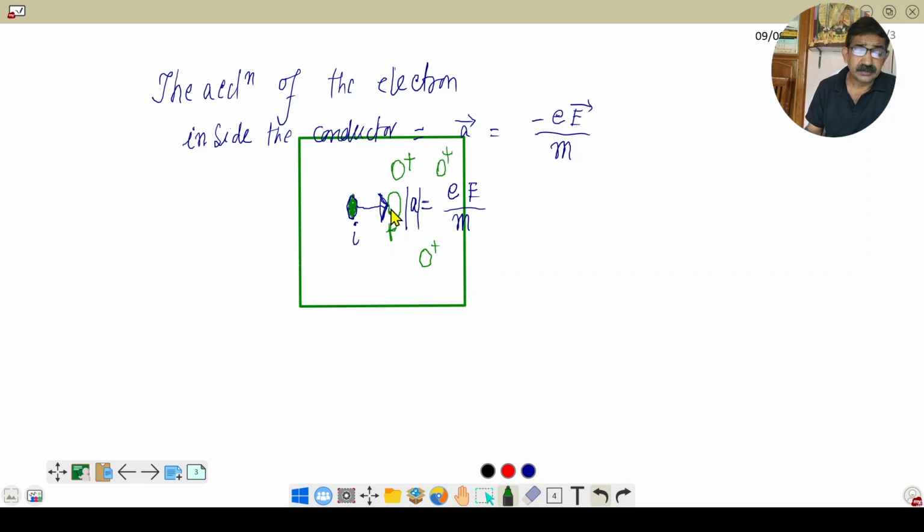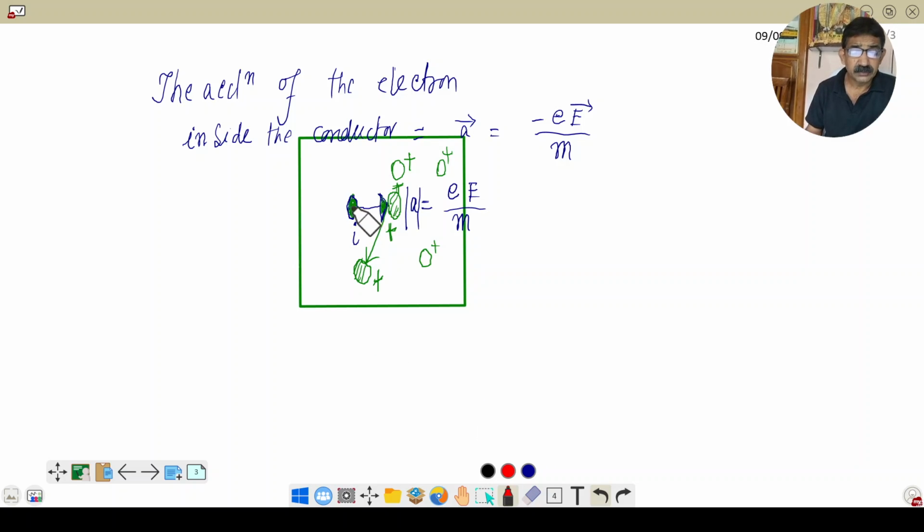After successive collisions, due to a collision with an ion, it will change its direction of motion, suppose along this direction, and there is another ion here. This is a positive ion, this is a positive ion, this is a positive ion, and this is the electron.